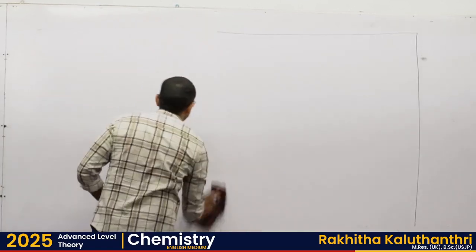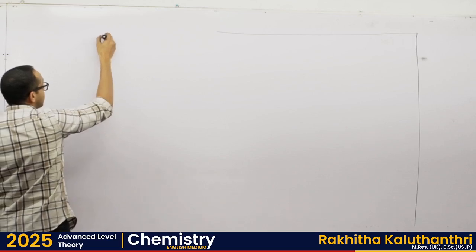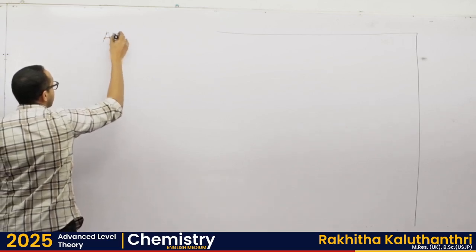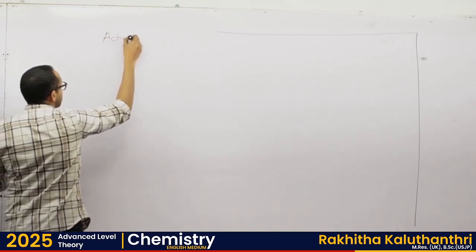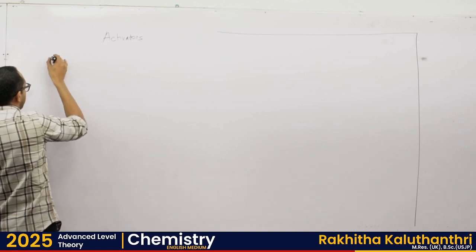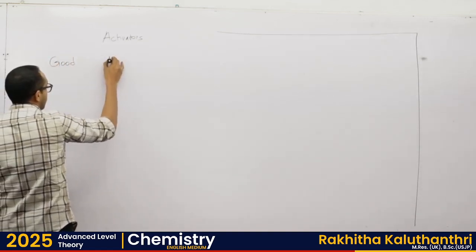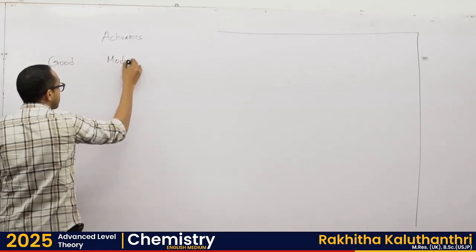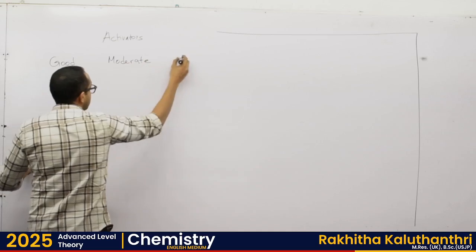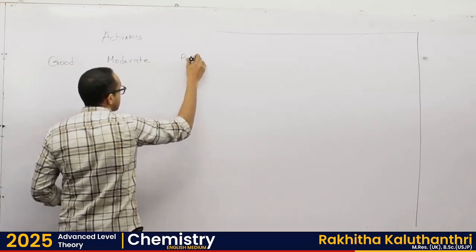It will be easier that way. You can draw the lines. I don't have to be drawing lines. Activators. Good. Moderate. Poor or fair. Poor activators.